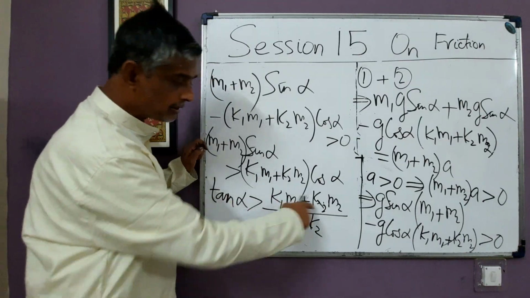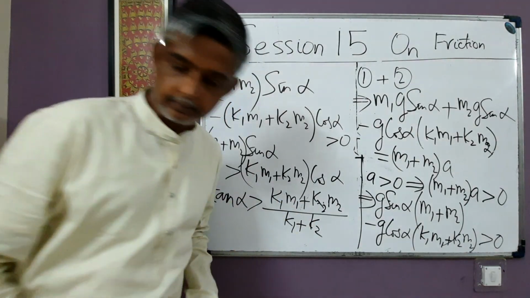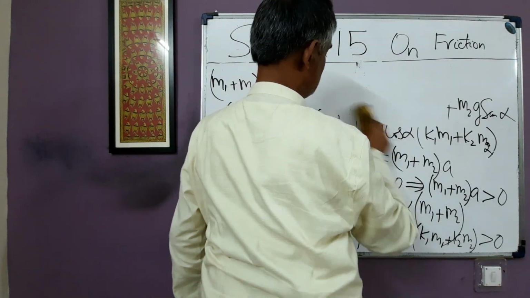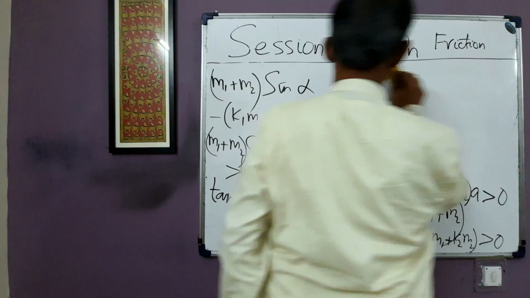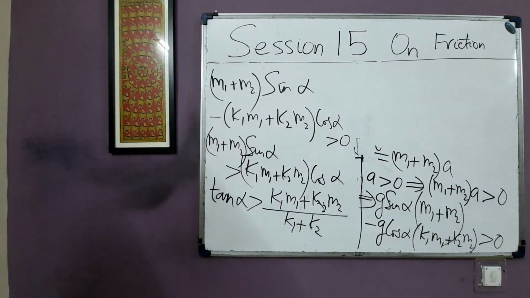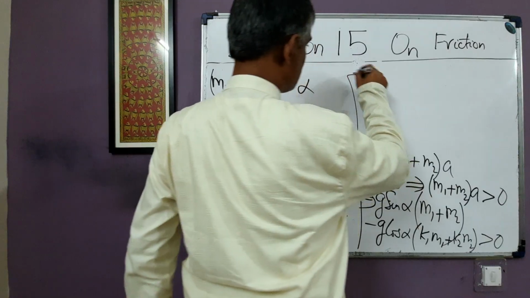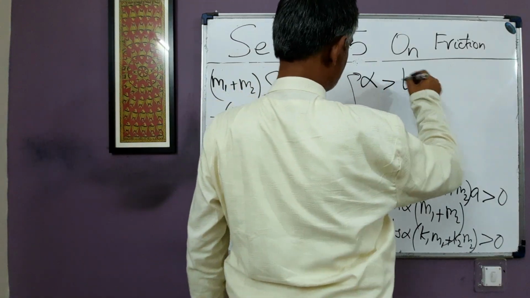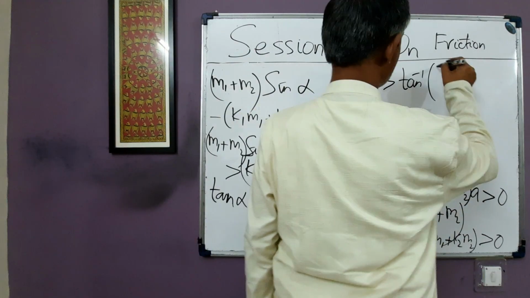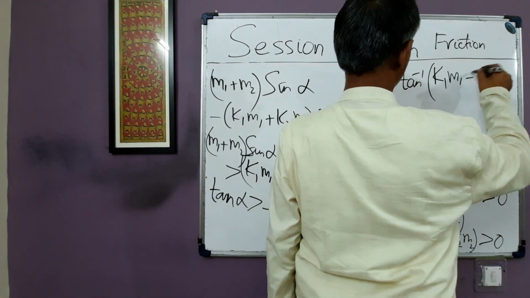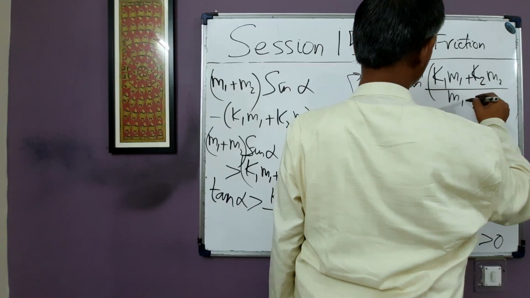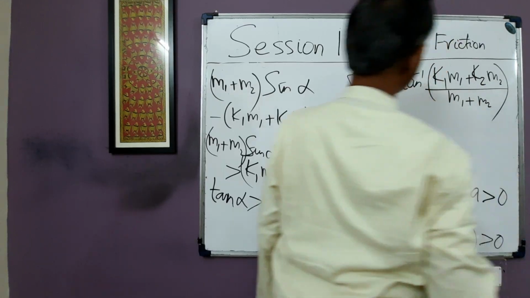This is the minimum value of tan alpha, so alpha should be more than tan inverse of (k1 m1 plus k2 m2) by (m1 plus m2).